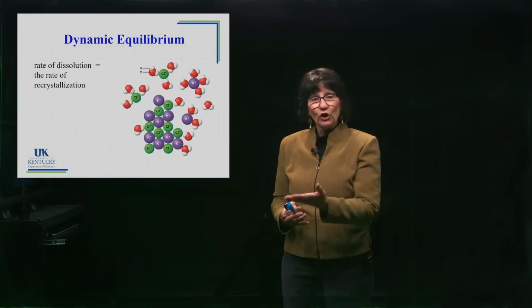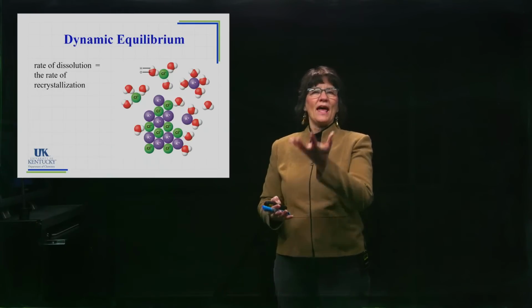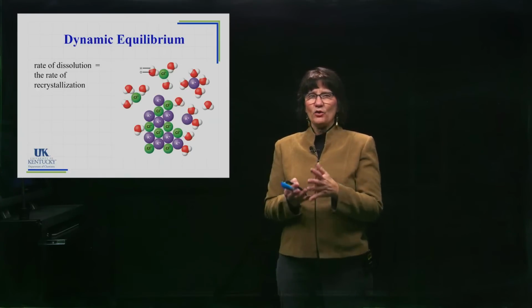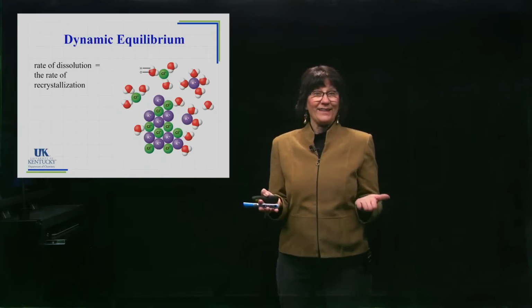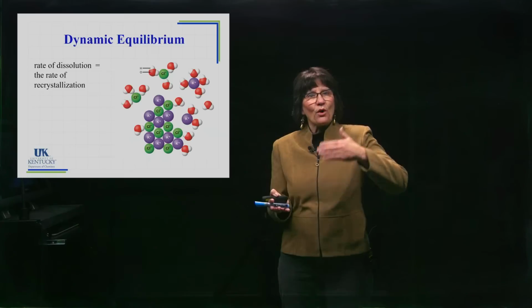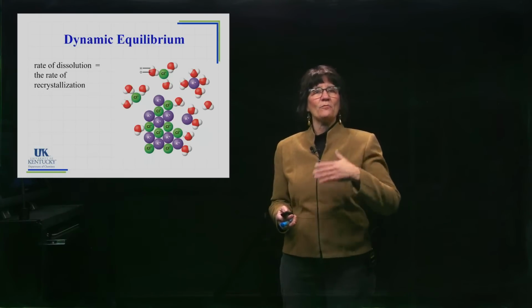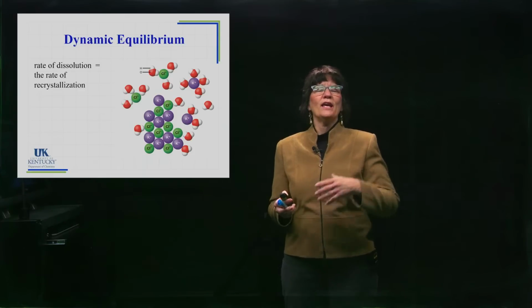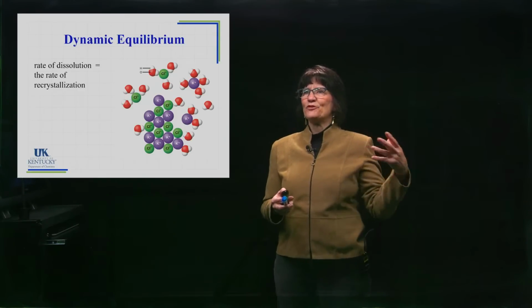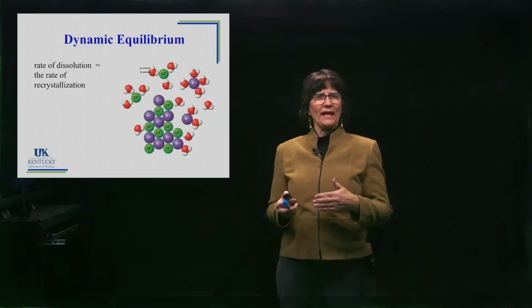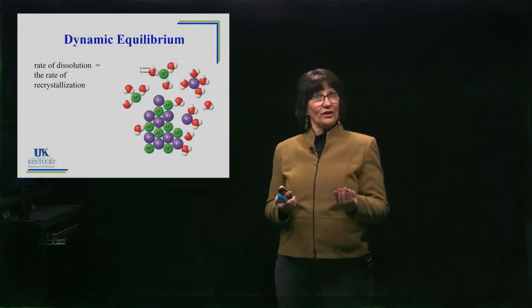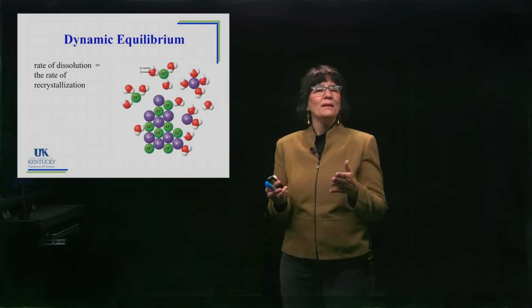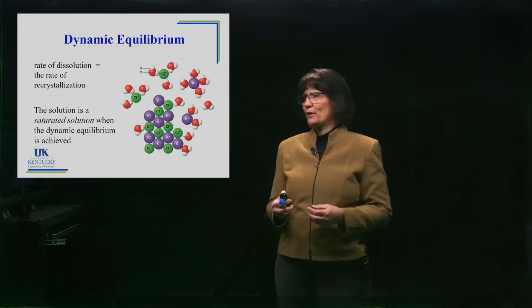So if you were to look at that beaker that had a bunch of potassium chloride sitting in the bottom and you've stirred it up and you can't get any more to dissolve, it looks like it's done. But that process is occurring back and forth and back and forth. If that beaker were to sit covered for years in a stockroom somewhere and you came back to it later, the crystals would look different because they have reformed, and many times they will actually grow and look like bigger crystals.